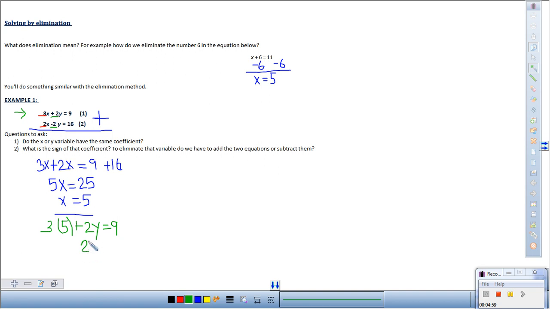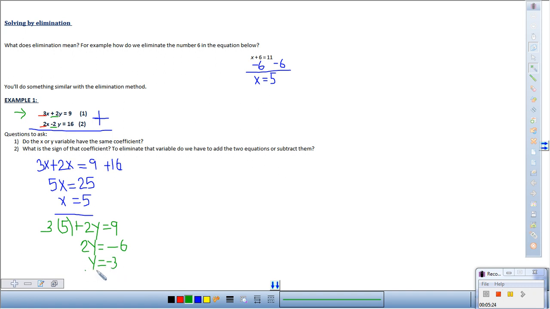So I have 2y equals 9 minus 15 gives me negative 6. Now we're going to divide both sides by 2, and we will have y equals negative 3.